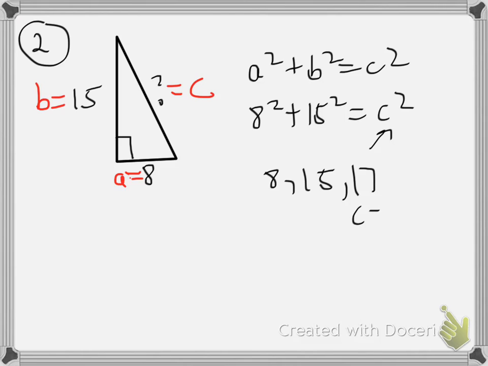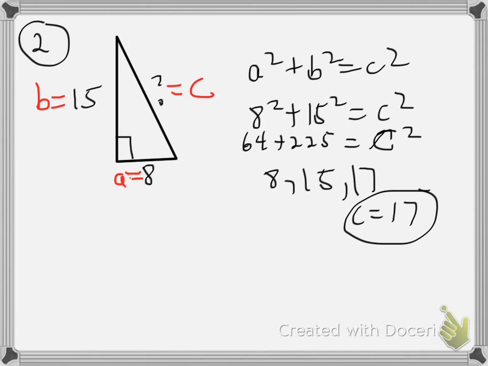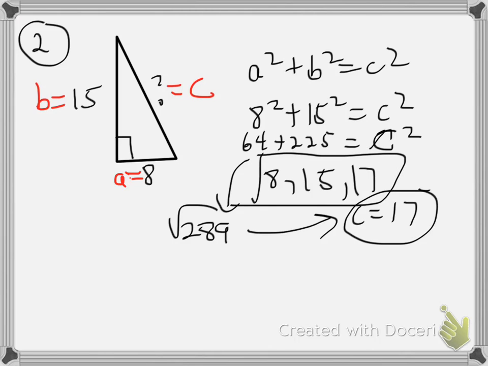So c equals 17. Okay, you can also get 64 plus 225 equals c squared, and when you do that you'll get the square root of 289, which is 17. You can do it that way as well, but this was a triple that I remembered, so I was able to do it really fast.